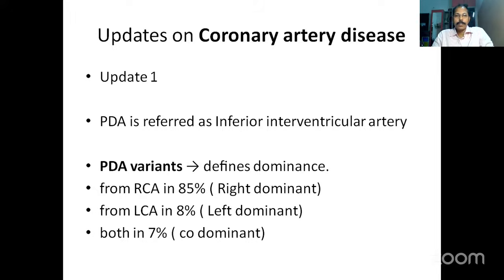The percentages have been clearly given this time. Majority are right dominant, because it is from the right coronary artery, about 85 percent. If it is left dominant, in 8 percent it arises from the left coronary artery. If it is co-dominant, in about 7 percent it arises from both the right and left coronary arteries. So this update is regarding the PDA.